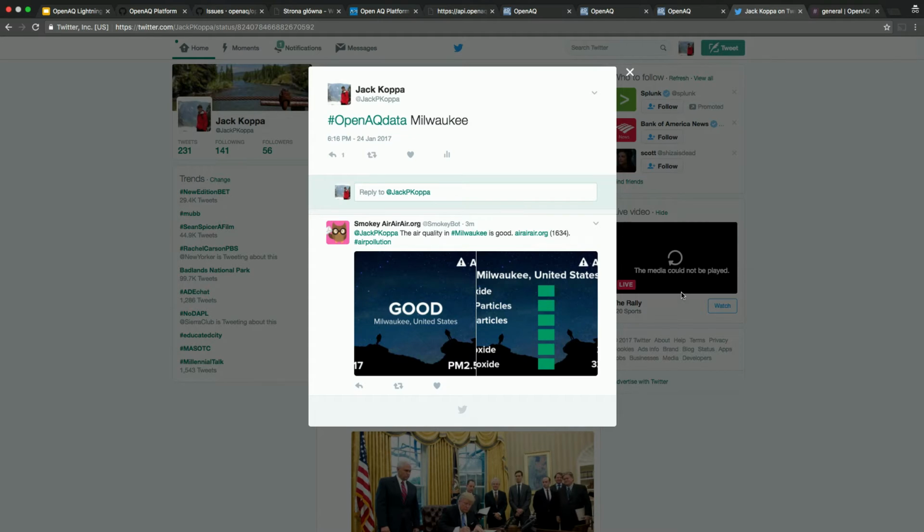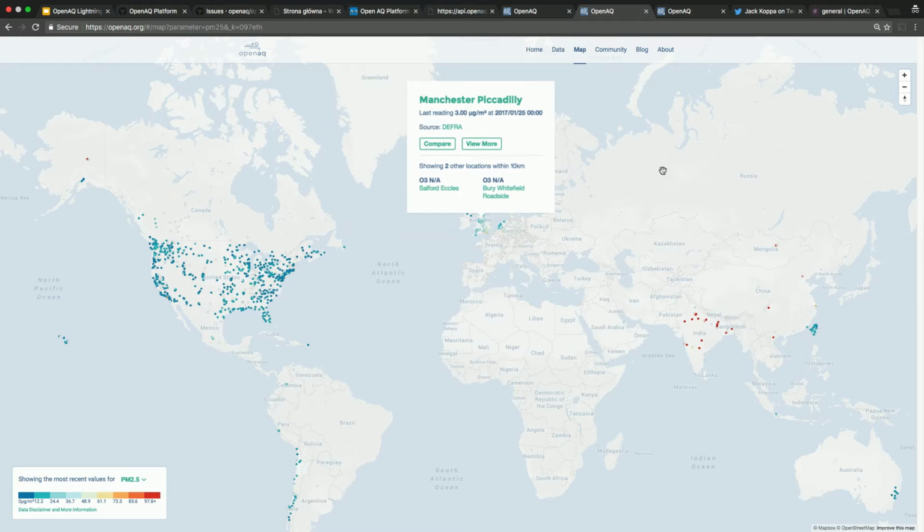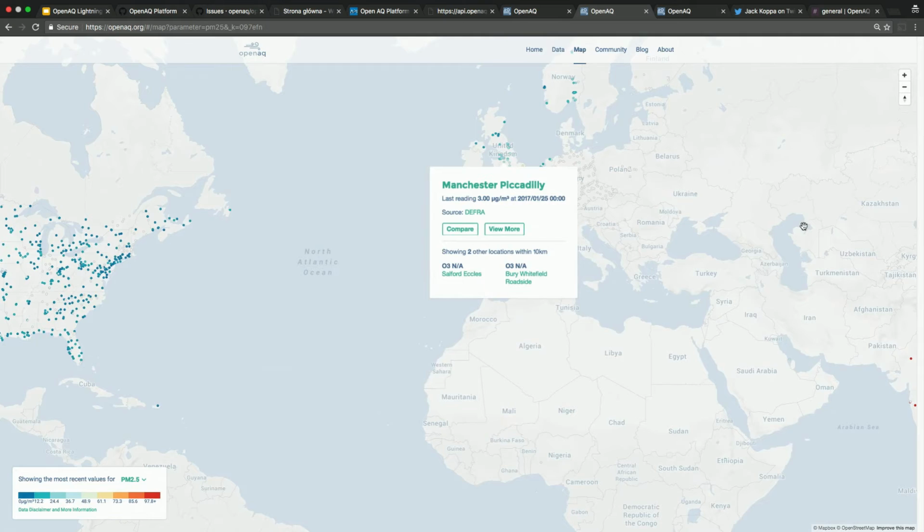I noticed that just looking at the map, developing countries have basically no collections. I'm just curious if you know anything about why there's nothing there. Yeah. China and India are two good examples. India has a bit more.